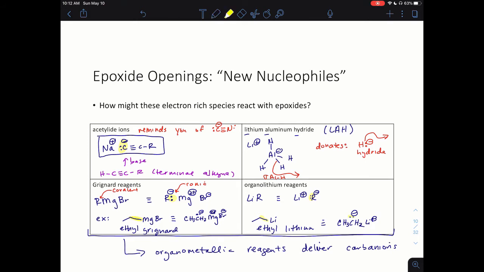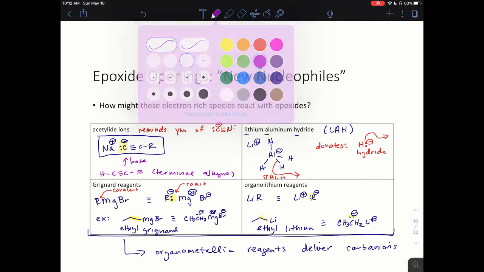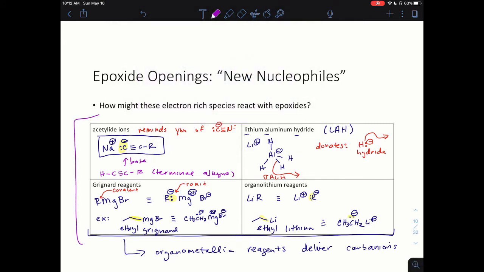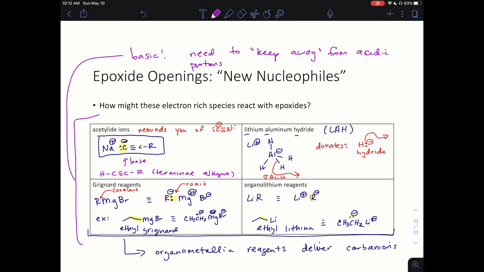Okay, and we can think about the reagent like this. Now, before I forget, all of these reagents are really basic. So you'll need to keep them away, there's probably a more technical term, but my brain just can't right now, from acidic protons, and even mildly acidic protons.